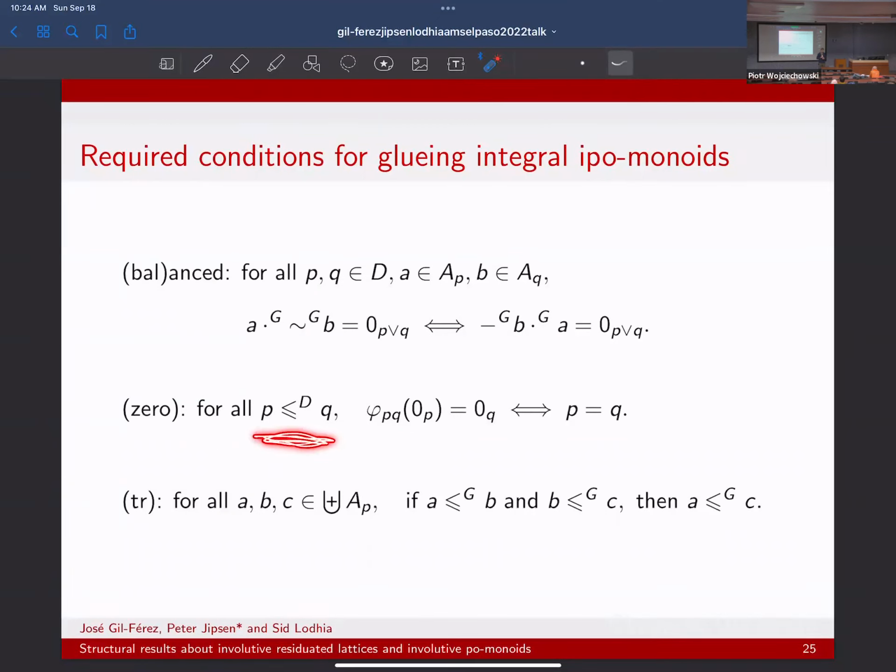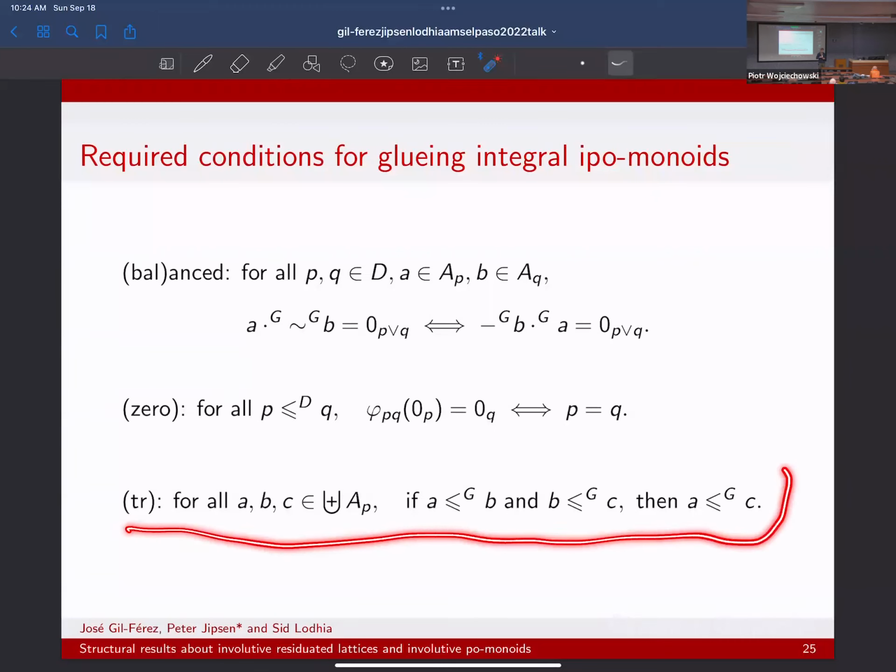If you have distinct P and Q, then the morphism cannot send the 0 of P to Q. It has to avoid doing that. So these are not 0-1 homomorphisms. They only preserve the 1 and the multiplication. They are monoidal homomorphisms. And they must be not 0 preserving homomorphisms unless P and Q are the same, in which case they have to be, because they have to be the identity.